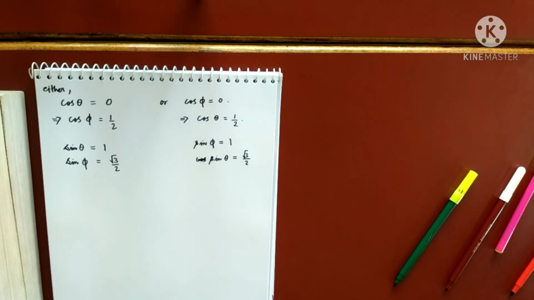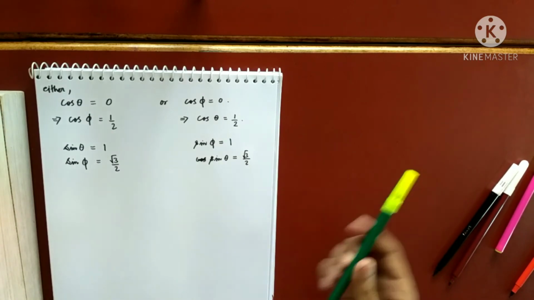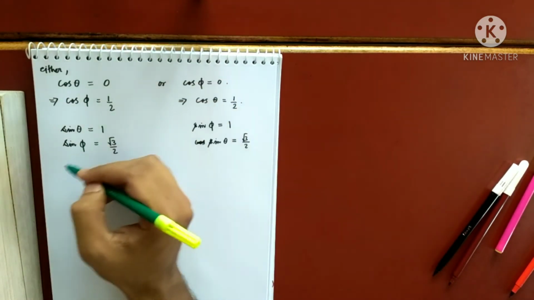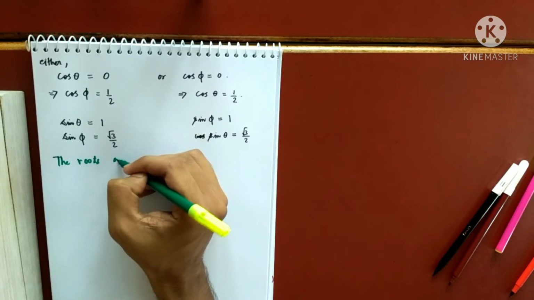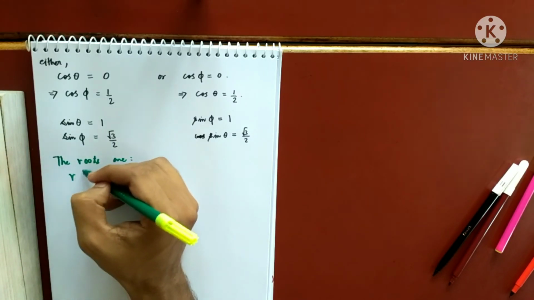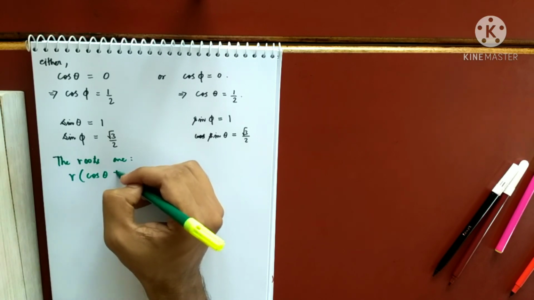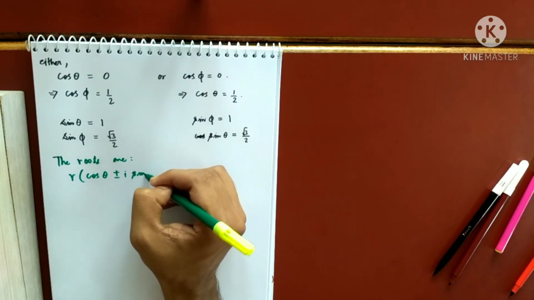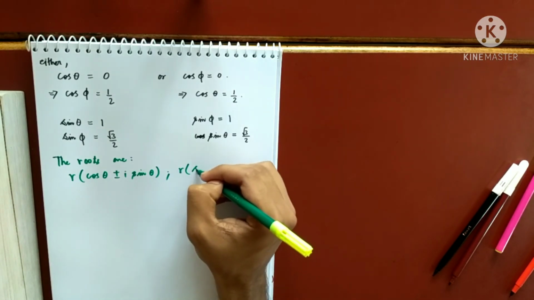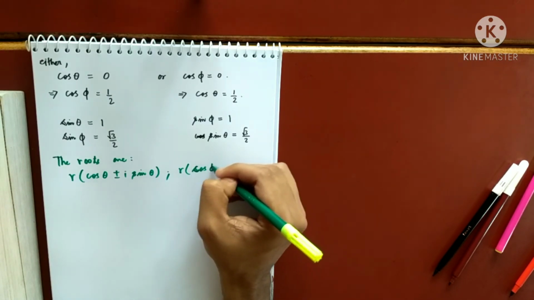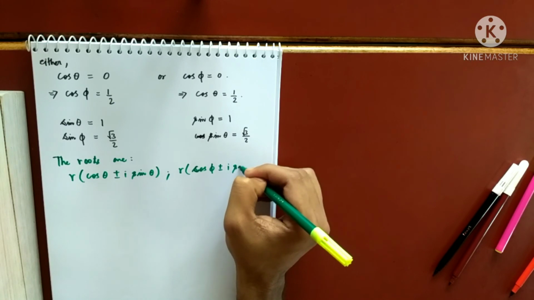So we are done. What were my roots? My first root was this, remember that: r cos theta plus minus i sin theta, and the other roots were r cos phi plus minus i sin phi.